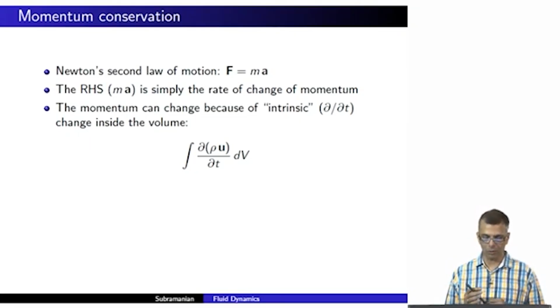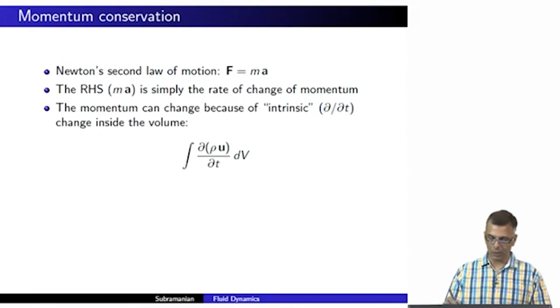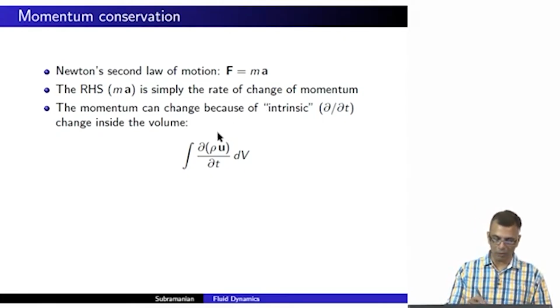What we've written down here is, when we say momentum, in this case we are really talking about rho u. This is what we really call momentum per unit volume.